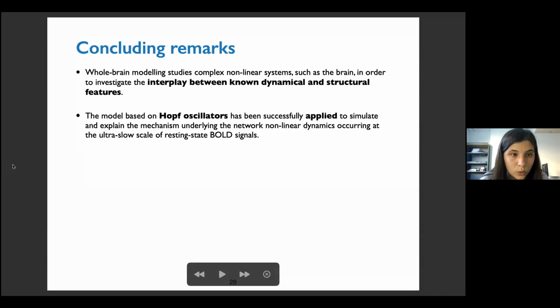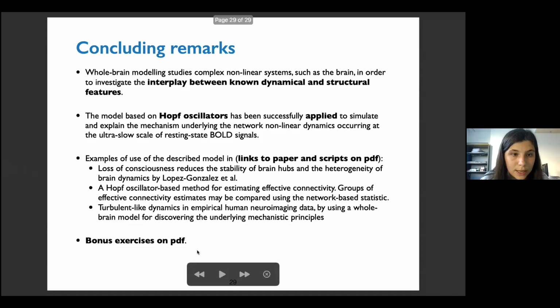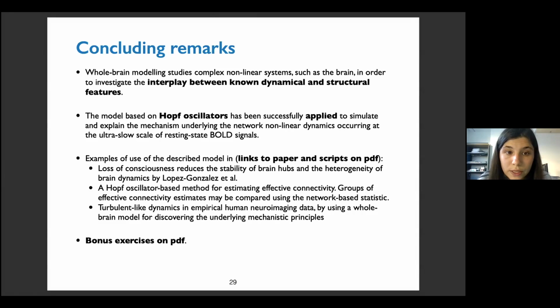We want also to include some additional material. For example, some examples of this model can be found in these three aspects. There has been a paper that showed that this model can be used to study the stability of the nodes and also the heterogeneity of the brain dynamics.